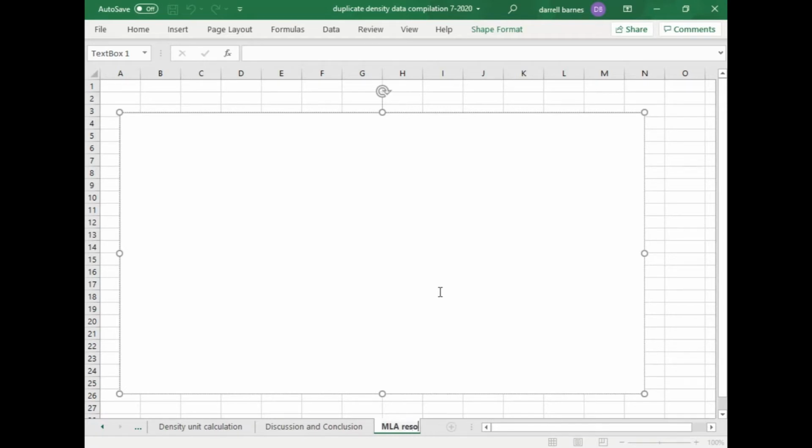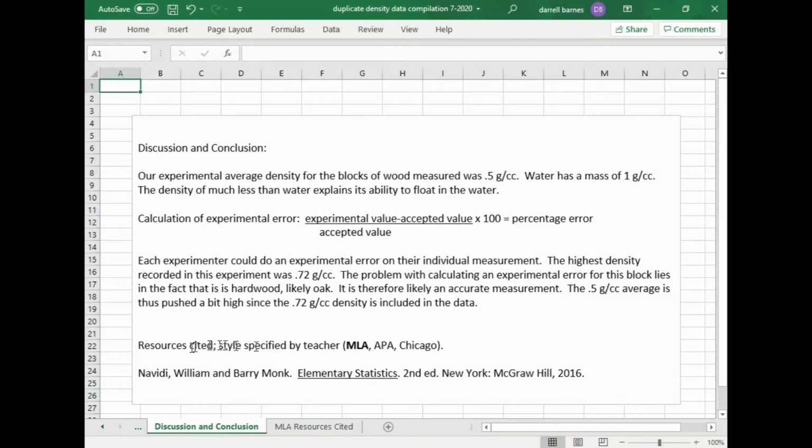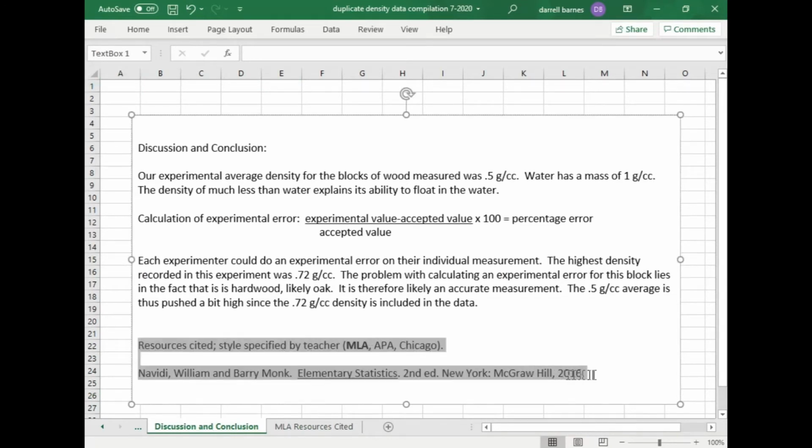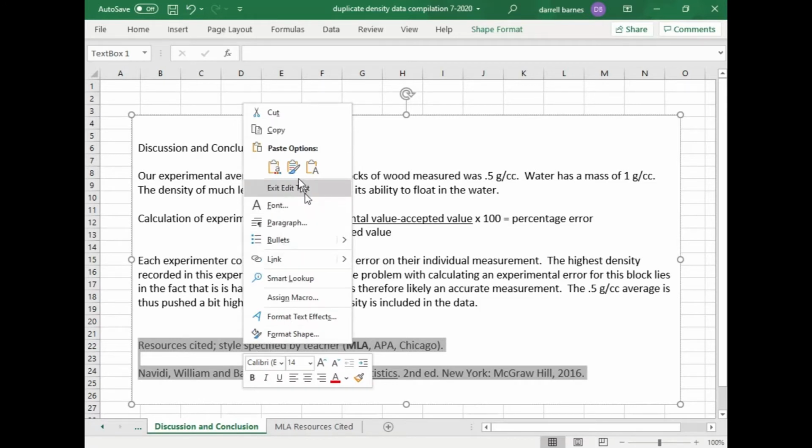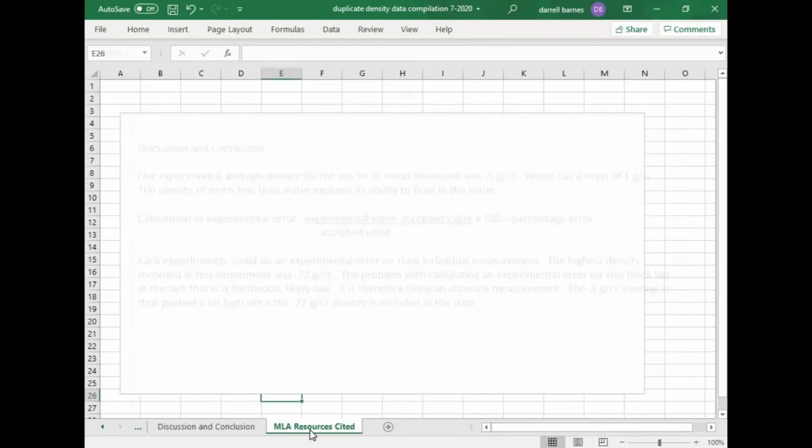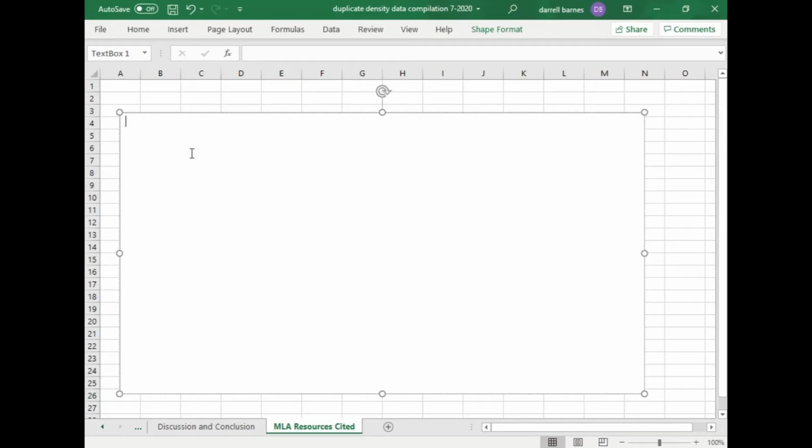Resources. Let's make that caps. There we go. That's kind of how I want it to look. Perfect. Let's go back to discussion and conclusion, and let's pull this out of here. I just added a new one. Let's cut that, and I want to go to resources cited.